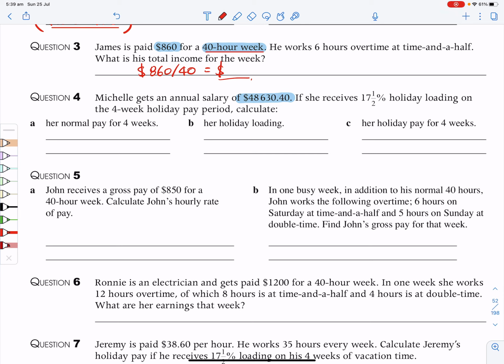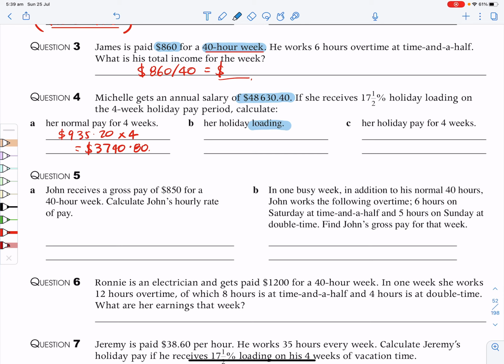That's going to give me $935.20. That's the weekly pay. And now I'm going to times that by 4, so answer times 4 equals $3,740.80.